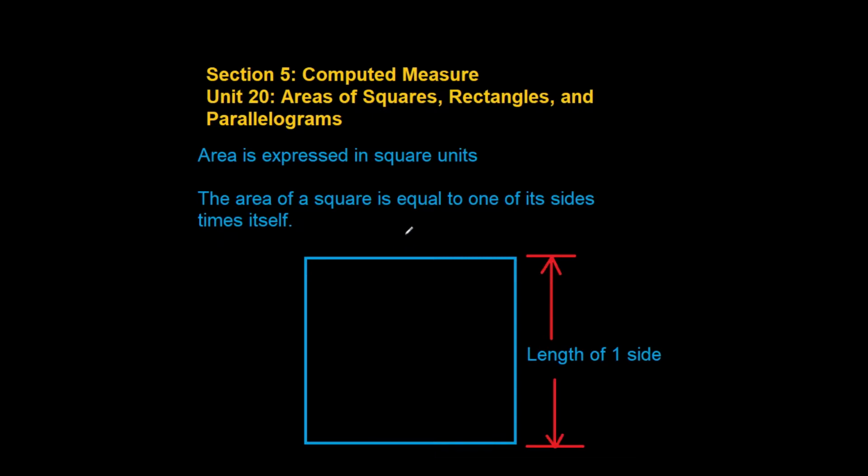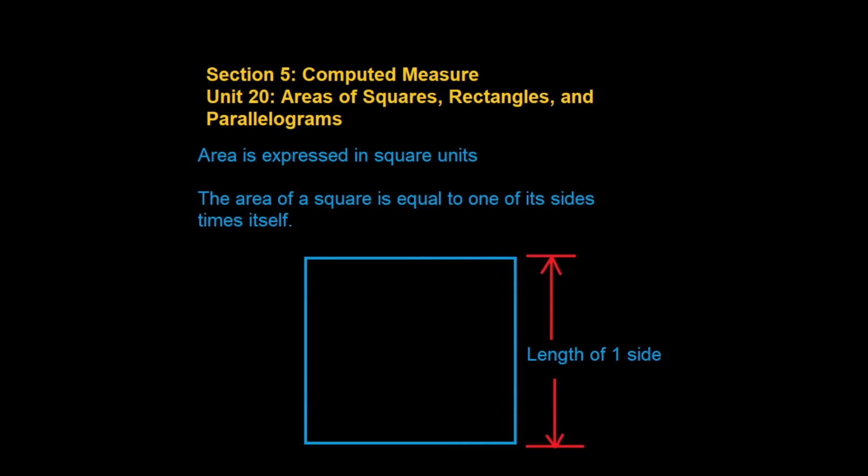So say this is a 2-inch square. 2 times 2 equals 4 square inches. That's simple enough. Let's get that out of the way. Let's do a different one.